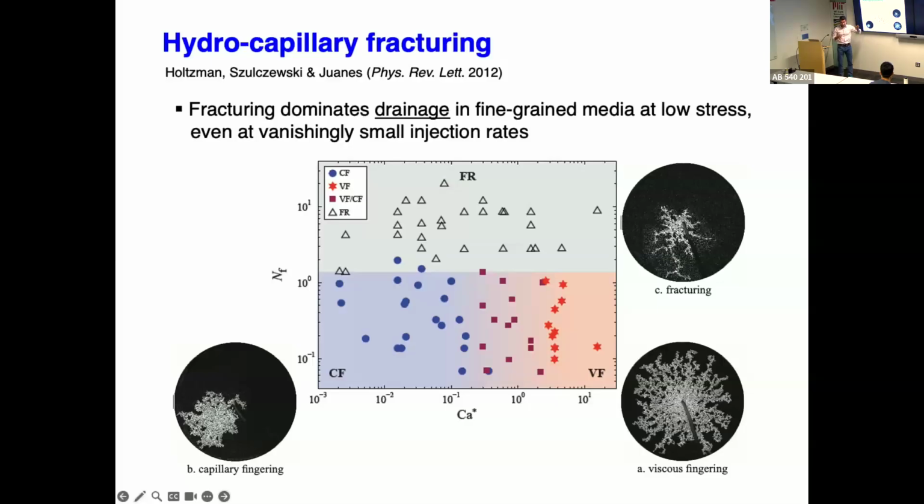But then you can change other parameters like the weight that you exert on top of the cell, or the grain size, or the viscosity of the fluid and the injection rate. And you undergo a different transition that is much sharper from pore filling to conduit opening.